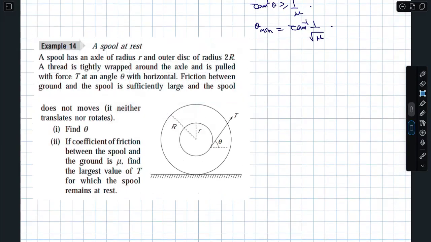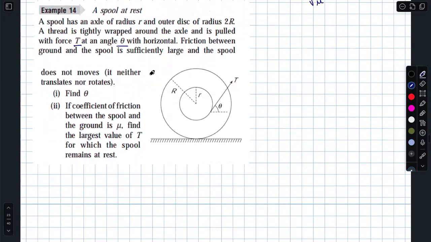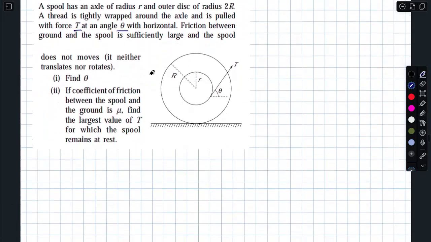right? And at an angle theta, with friction between the ground and the spool sufficiently large, and the spool does not move initially. If neither translate nor rotates, what is the situation? First, draw the proper free body diagram. That's the only thing that you need to manage here.